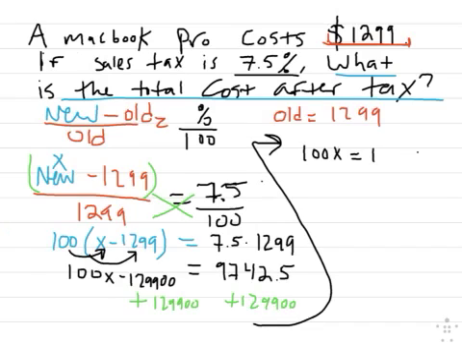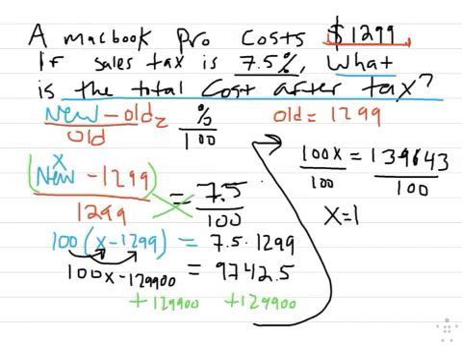This is a big number. 139,643. I'll round it to even dollars. Divide by 100. And x equals. Remember, if we divide by 100, we simply move the decimal place 2 spots, right?